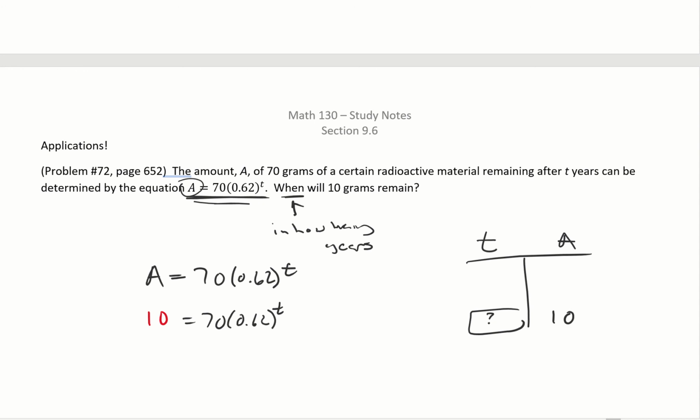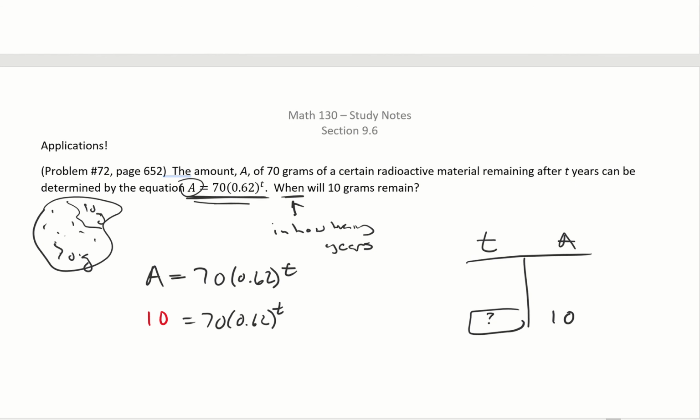But this is really cool because what we're learning is radioactive decay. How long does it take for the amount to go from 70 grams of stuff to where it's only 10 grams? How long does it take for all the rest of it to decay?